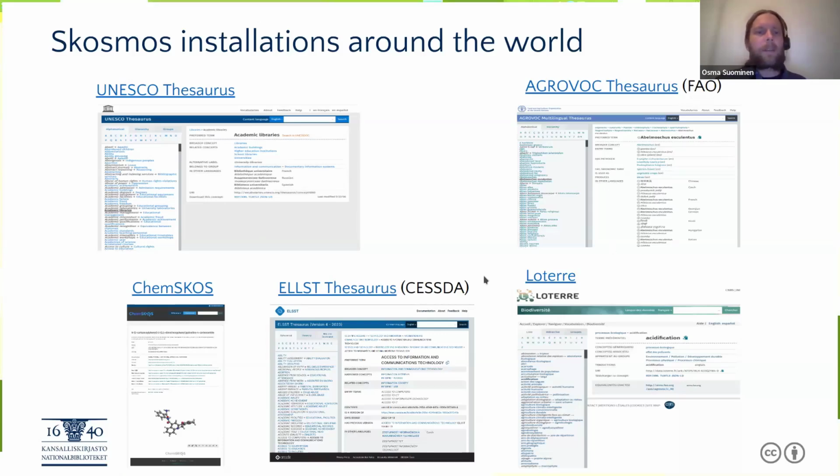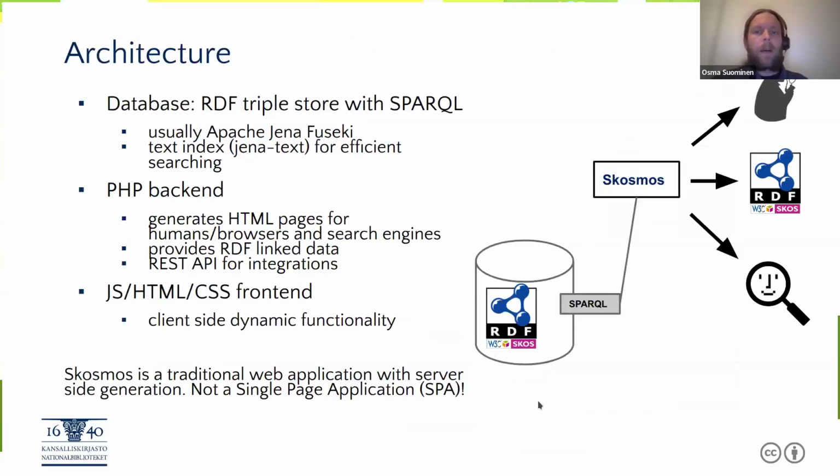But there are many others like the ELSST thesaurus, Loterre in France, and lots of others. We are trying to keep a list of these on the skosmos.org website, so if you want to take a look, there's a larger list there. So it's quite widely adopted these days, which we are very proud of.